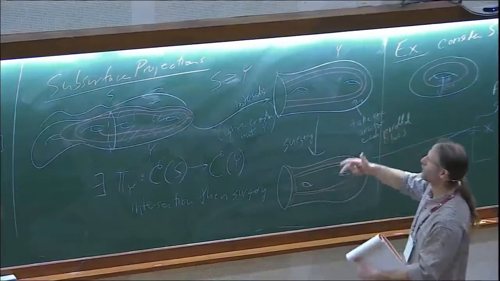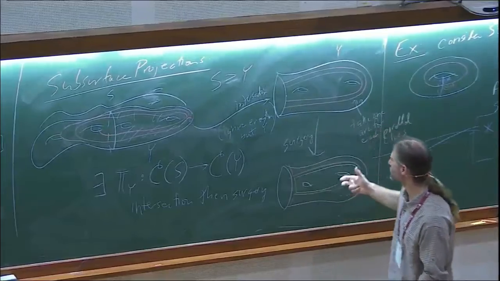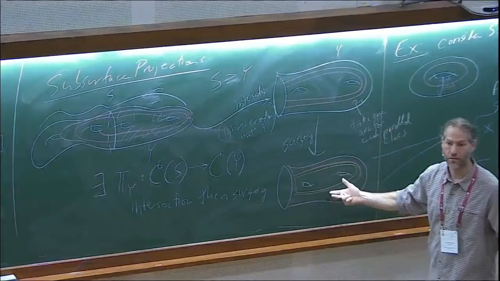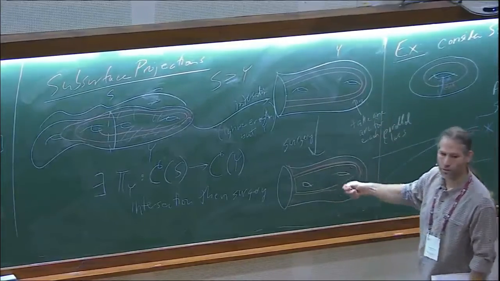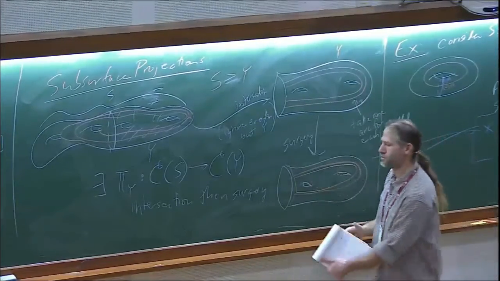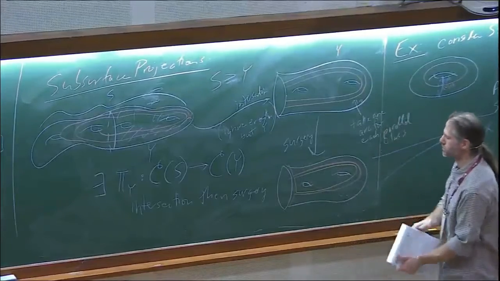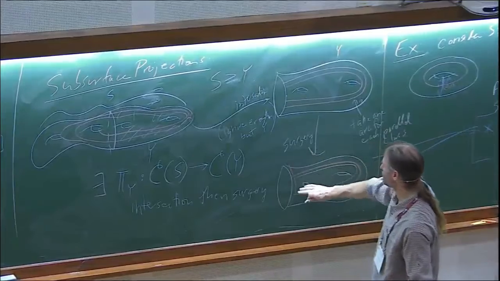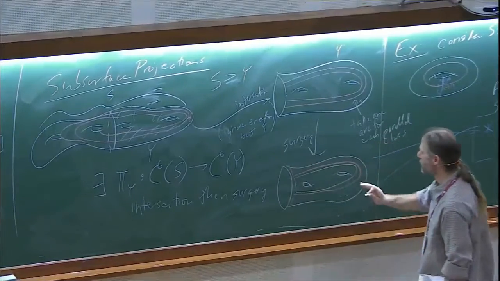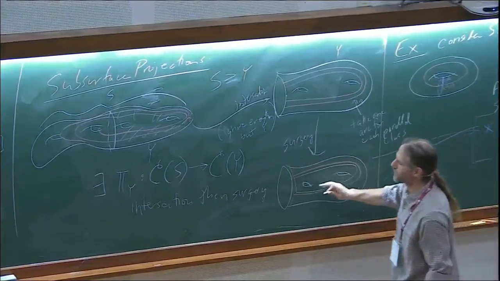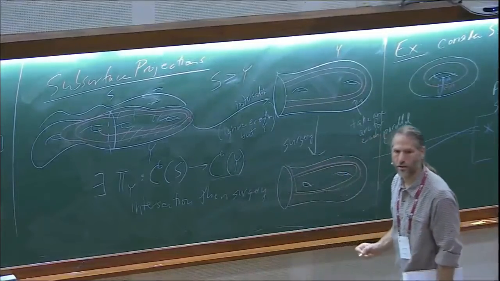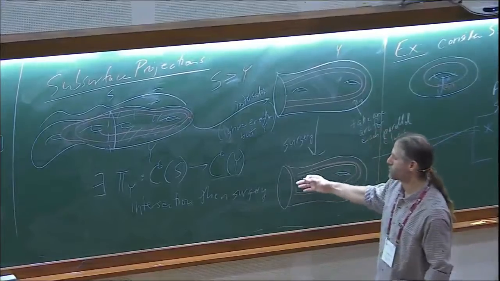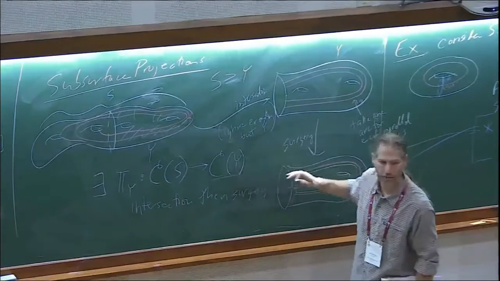There are different ways in which people study the subsurface projection. Sometimes you take all possible arcs and all possible surgeries and look at that whole set; sometimes you just take one arc and pick one way of doing surgery so that you get something non-trivial. I'm not going to show it, but there's a little argument that at least one of these will be non-trivial. So I take one of the non-trivial curves, and now I've got my element in the curve complex of Y. If I made an arbitrary choice, I may get a different vertex if I did something differently.